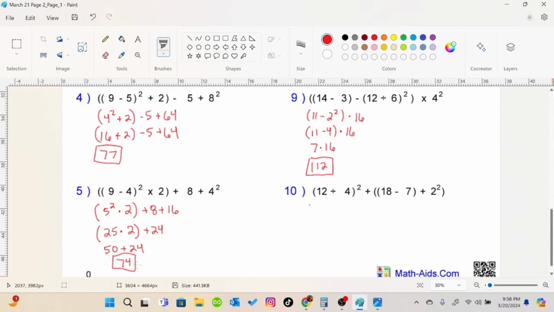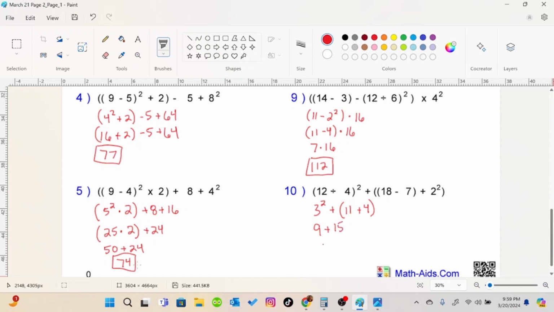Number 10. 12 divided by 4 is 3. 18 minus 7 is 11. And 2 squared is 4. 3 squared is 9. 11 plus 4 is 15.